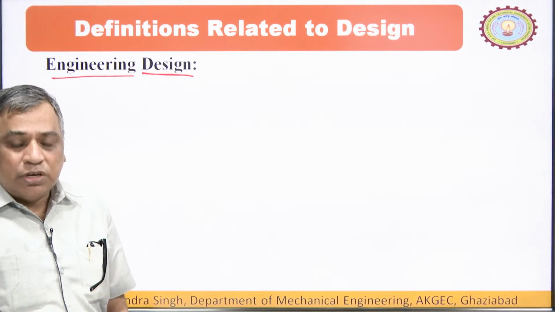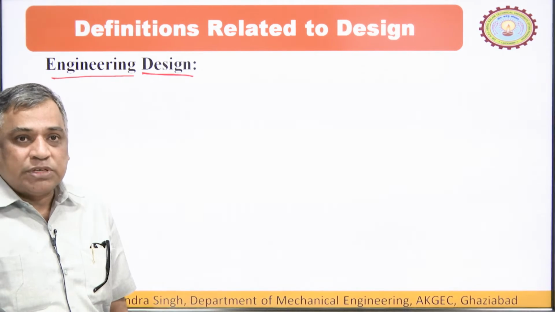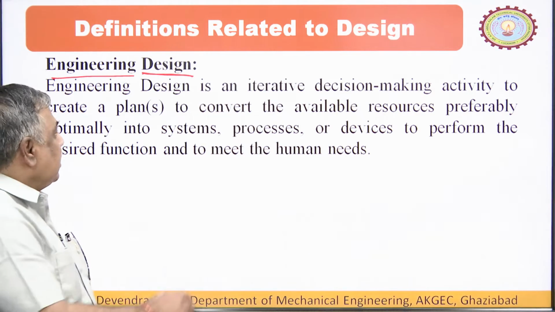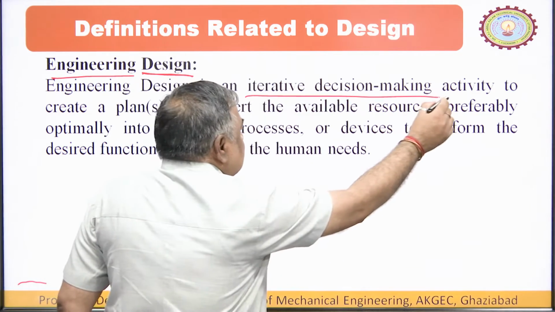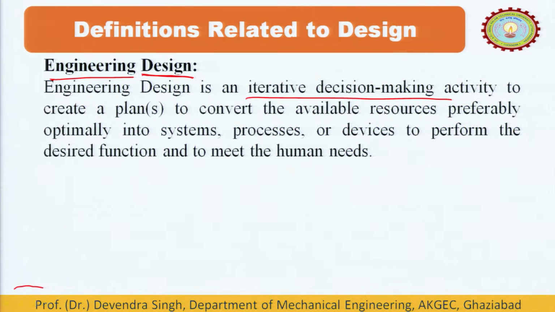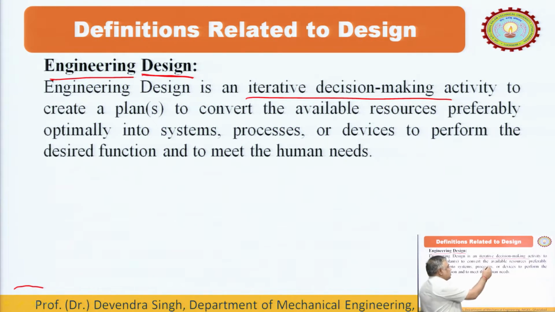And if we want to define it precisely, then engineering design is an iterative decision making activity to create plans to convert the available resources, man, machine, materials, preferably into systems, processes or devices to perform the desired function and to meet human needs. This is engineering design. The iterative nature of the design gives the opportunity to make the solution optimal.